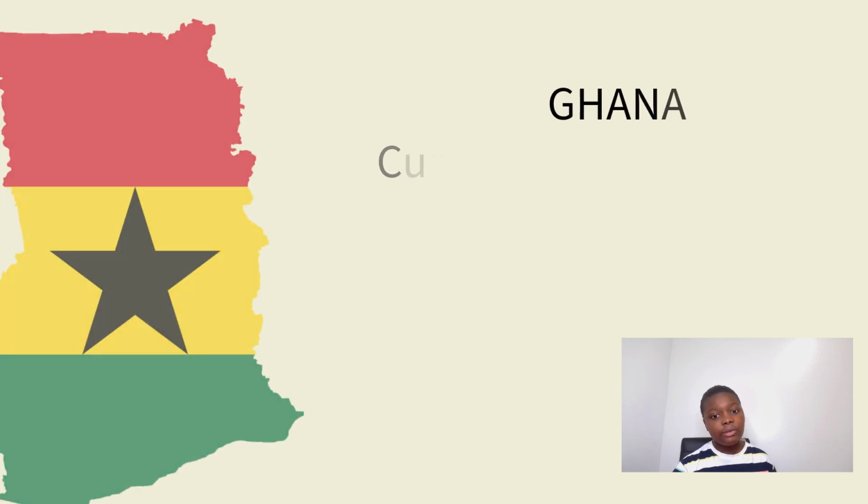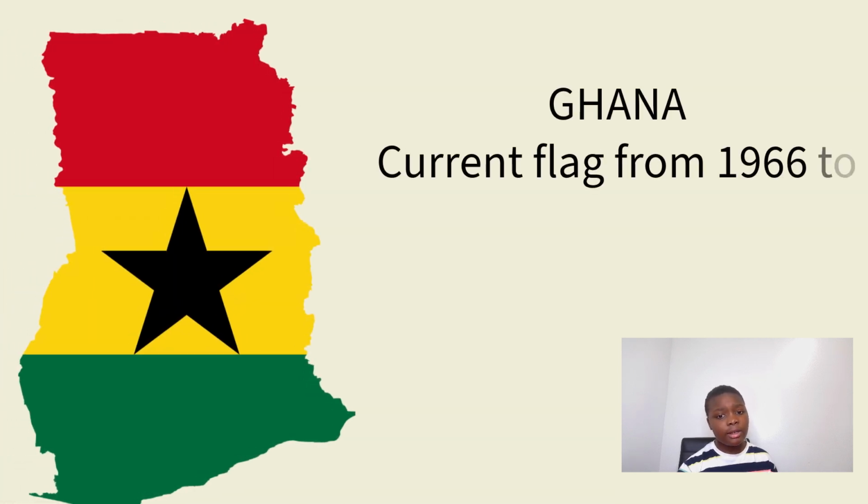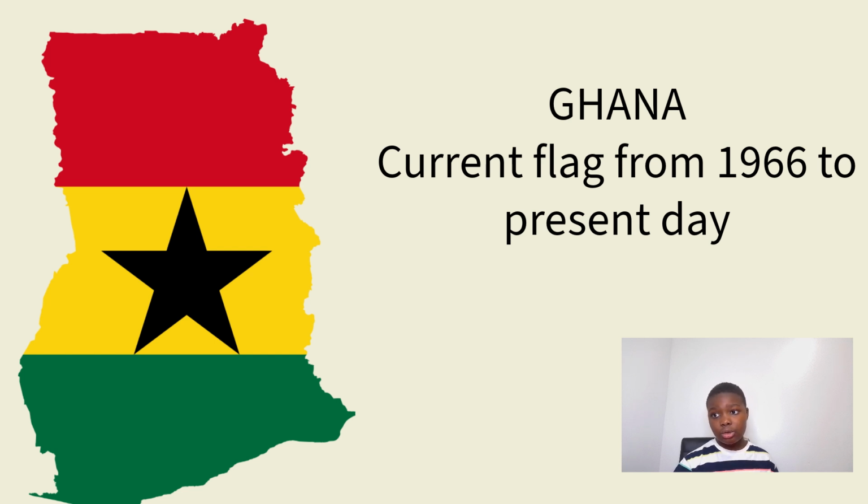Ghana changed their flag about three to four times before landing on the one from 1966 to current. Even though Ghana got independence in 1957, they created a union with Mali and Senegal called the United States of Africa. No, they didn't create a union, they just united for a few years, then they broke apart.